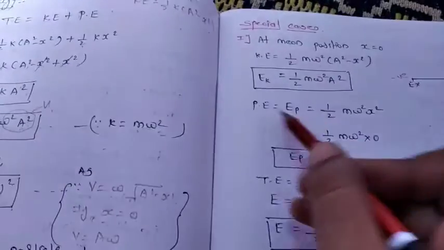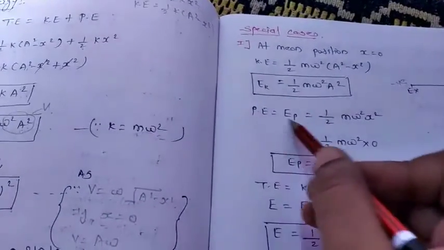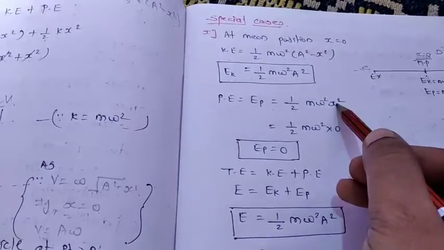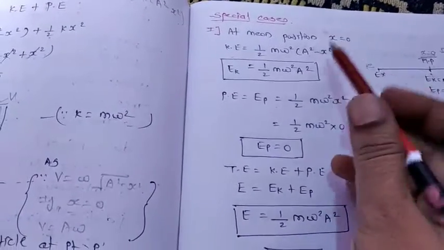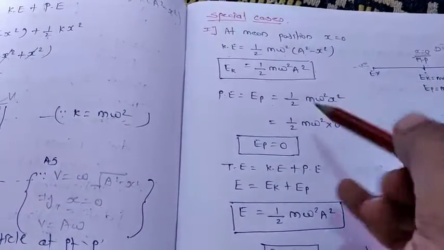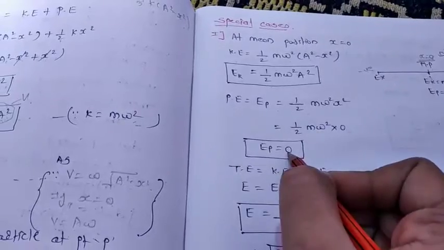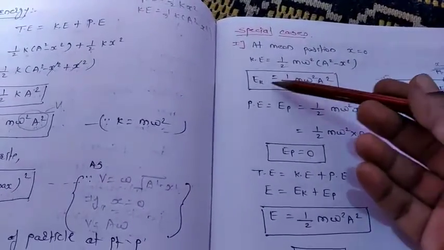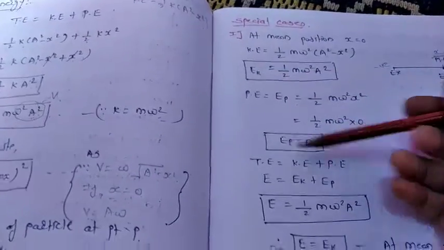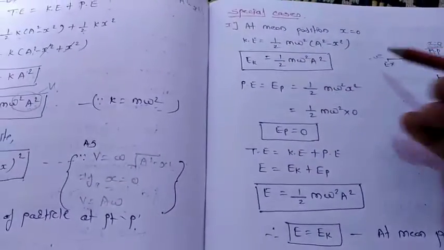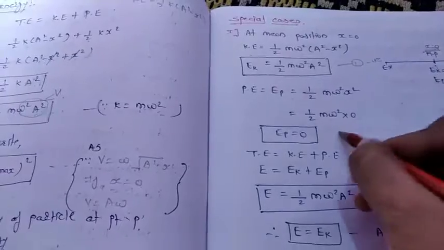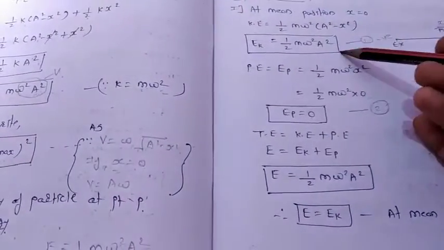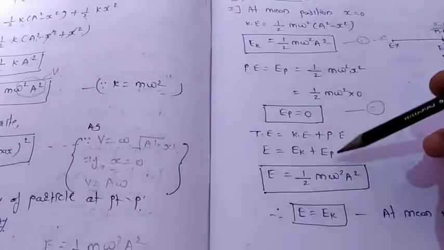Then we will see the potential energy. Potential energy Ep is equal to 1/2 m omega square x square. This is our formula. Put x as 0 again, so we have potential energy as 0. Total energy is nothing but kinetic energy plus potential energy. So adding equations 1 and 2, we have Ek as this and Ep, the potential energy, is 0.